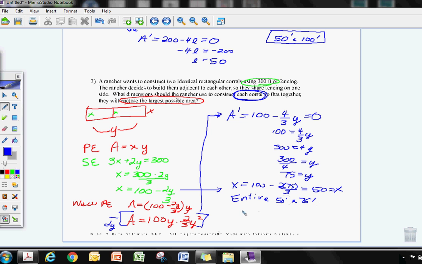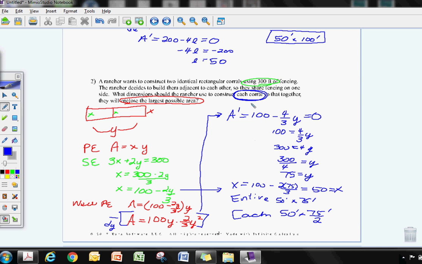But for each pen, the x value of 50 is found in each, but it's going to be 50 feet by 75 divided by 2.